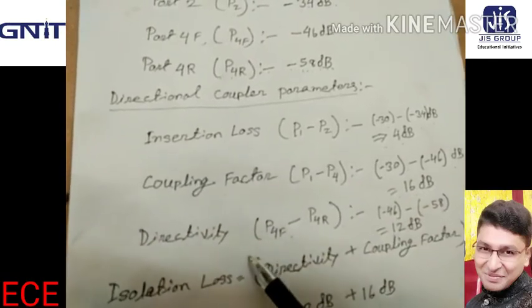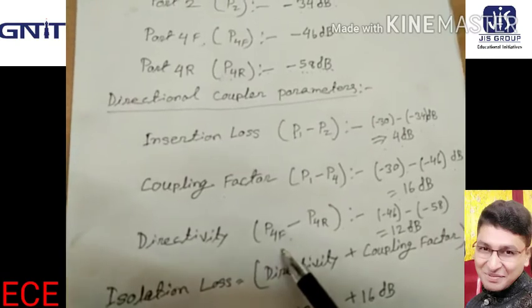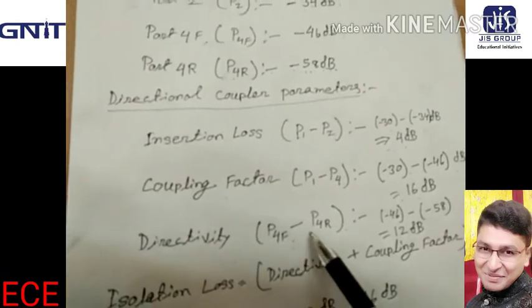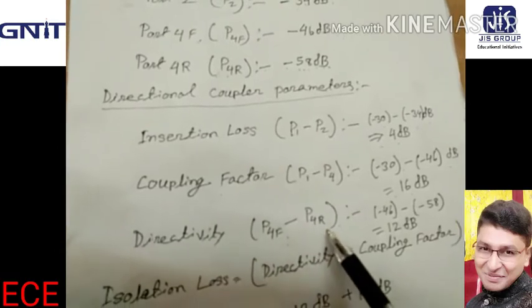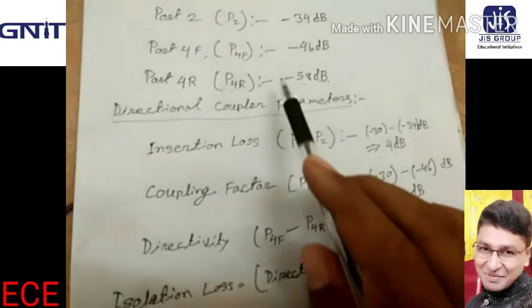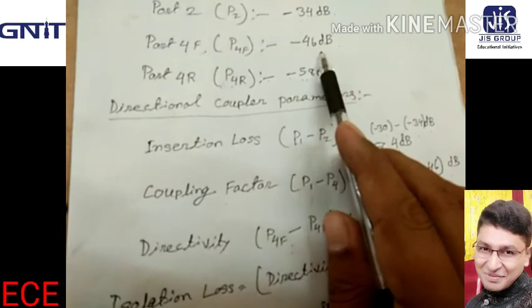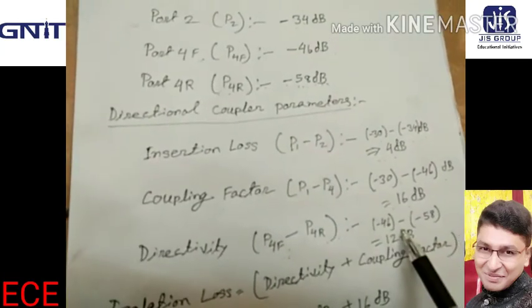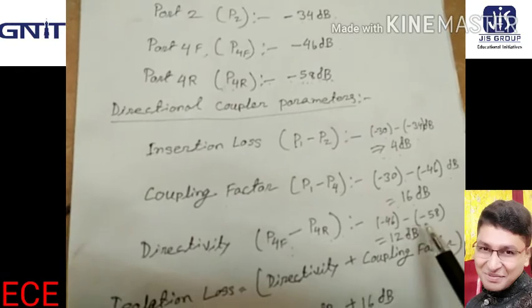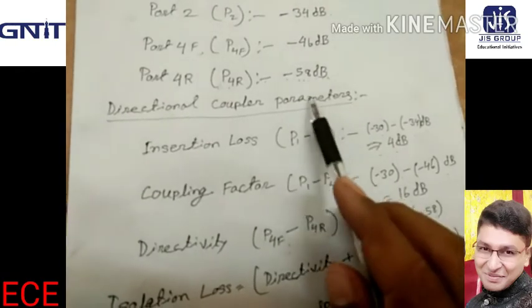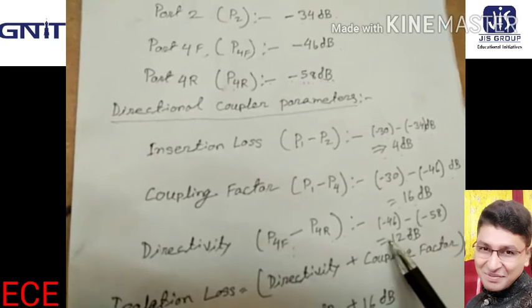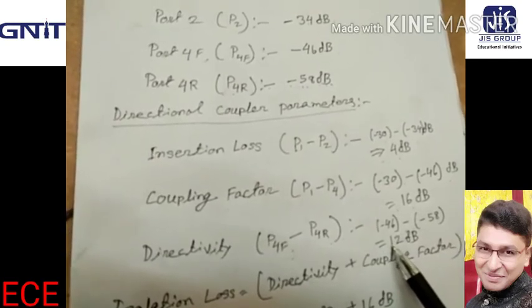And directivity is equal to port 4 forward direction minus port 4 reverse direction. Port 4 forward direction value is minus 46 dB, and minus of minus 58 dB, that is 12 dB.